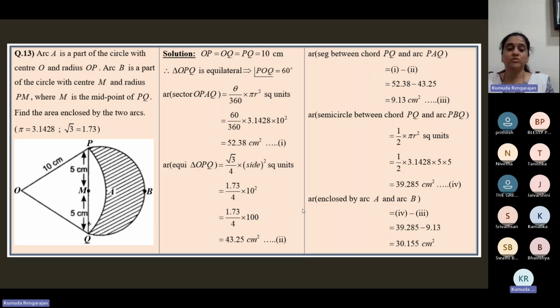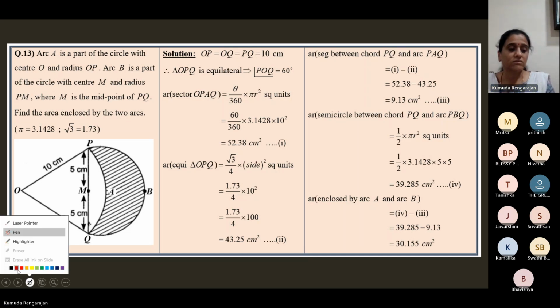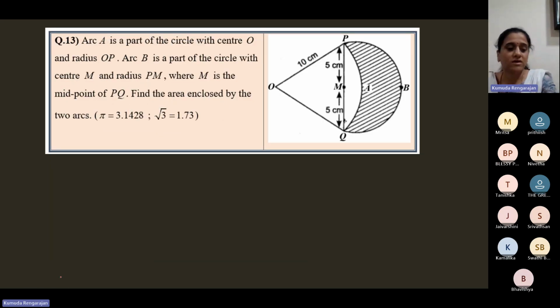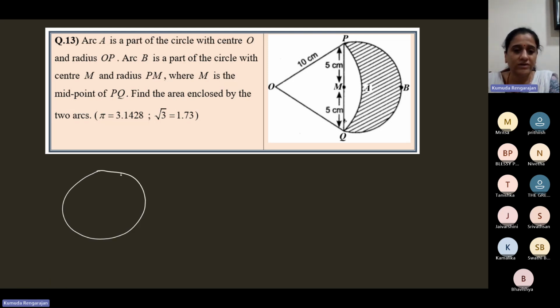Okay, one thing I didn't tell you, children. Look at this. In a circle, supposing we take a chord, and if the center lies on that chord, then that chord is a diameter.